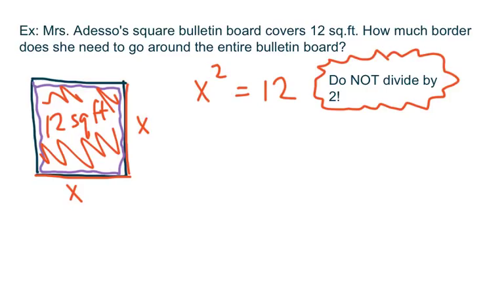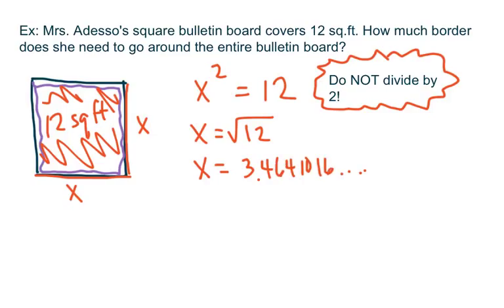Do not divide by 2. What we want to do instead is take the square root of 12. So when you type that into your calculator correctly, your calculator screen should say 3.4641016, etc. So let's round this to the nearest tenth.